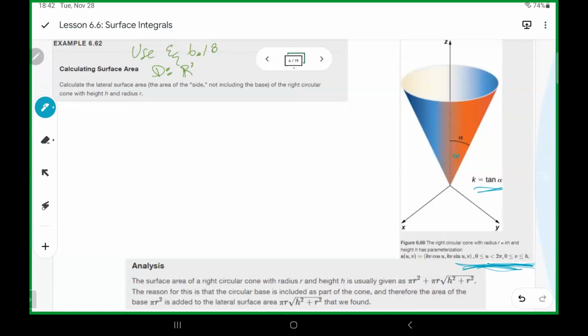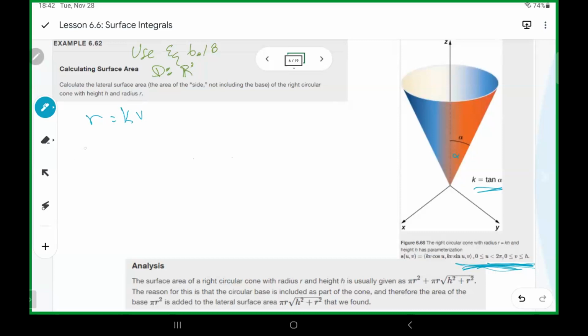The radius of the circle formed by intersecting the cone with the plane Z equals V is kV. So radius is equal to kV.